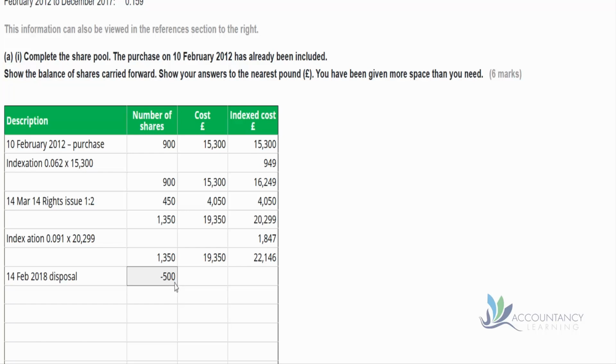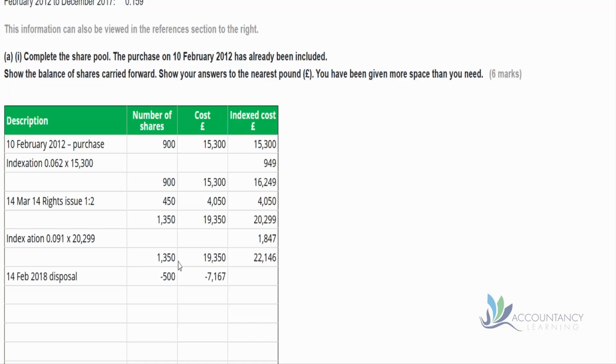So if you take the 500, that is how many we're selling now, and then we divide by 1,350, that tells us we're selling 37% of the shares. And then if we multiply that by 19,350, that gives us the proportional cost of 7,167.